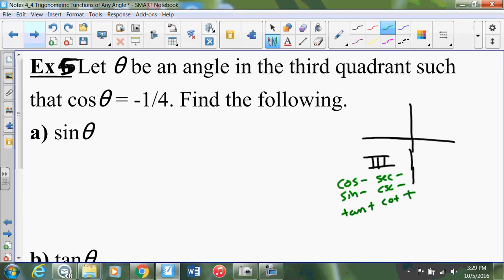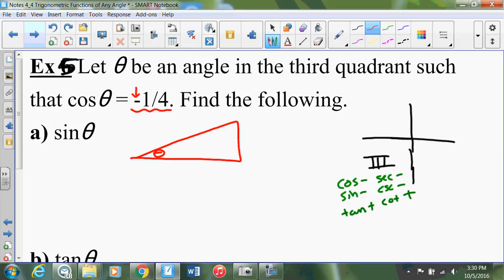Since cosine θ equals -1/4, it makes sense that it's in the third quadrant. I'm going to draw my right triangle and do some right triangle trig, because -1/4 is not a unit circle answer. I'm going to ignore the negative right now. The negative tells me what quadrant θ is in, but as far as right triangle trig, we do not measure things with negative units.